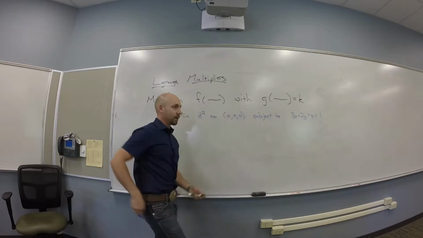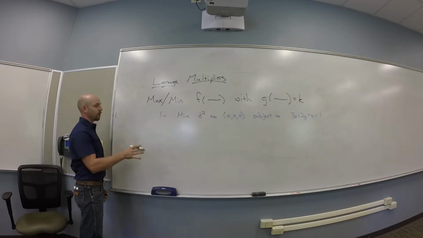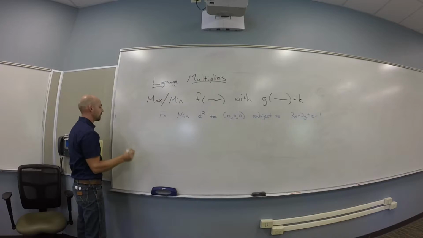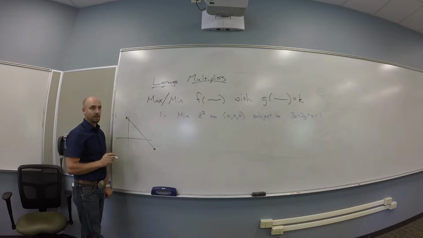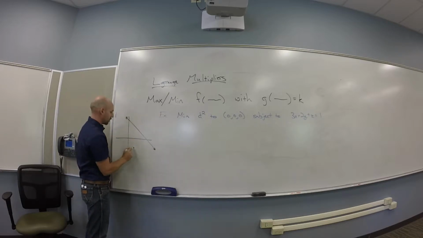Okay, so let me tell you how this works intuitively. I'm just going to draw a one-dimensional picture of this situation that we were just in, right? So we had some kind of a line type thing, and let me move it off of 0, 0, 0.